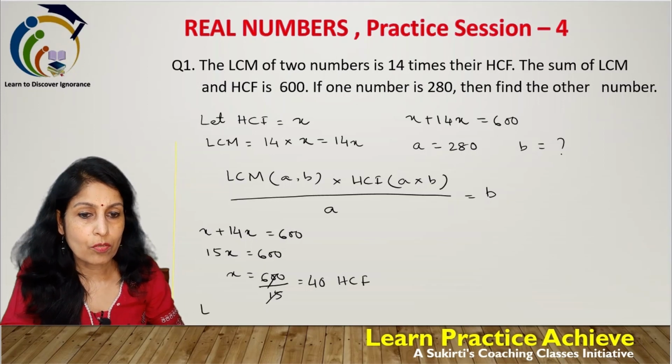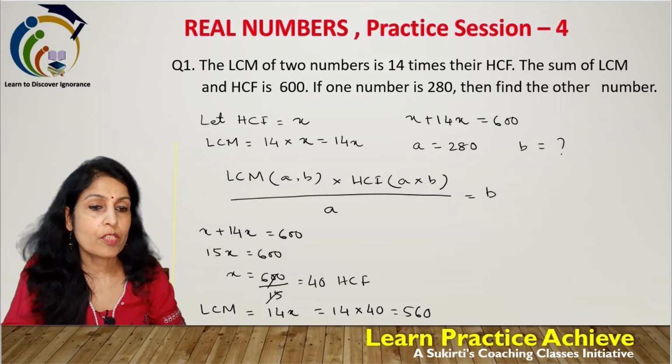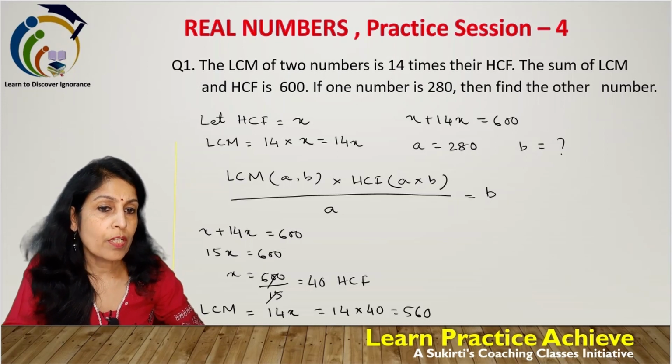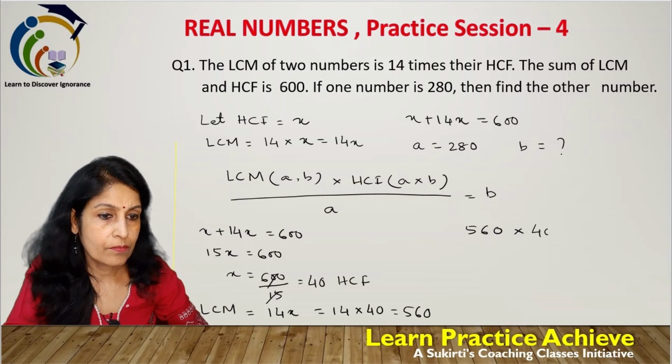Now LCM is equal to 14X, it means 14 into 40, which is equal to 560. So LCM is 560 and HCF is 40. Now put these values in the formula. LCM of A and B is 560, HCF of A and B is 40.